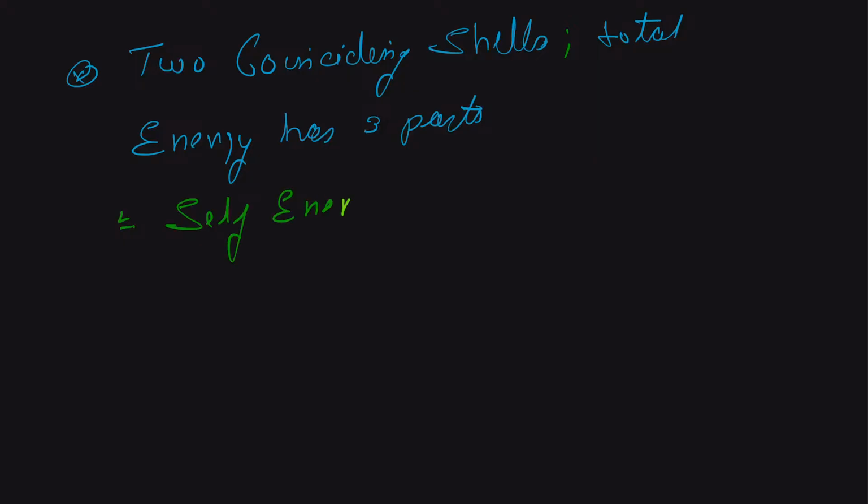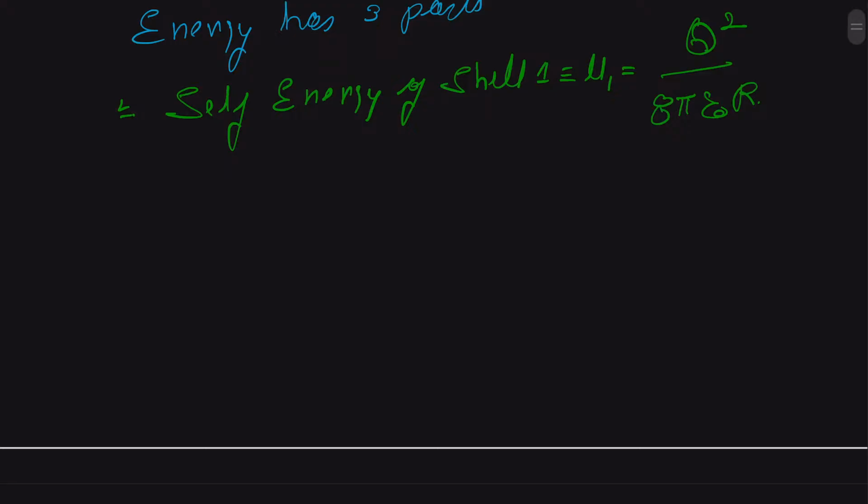Our part number 1 will be equal to the self energy of shell 1. Let us call this U1, which will be equal to Q square upon 8 pi epsilon naught times R. And the second one will be the self energy of shell number 2.